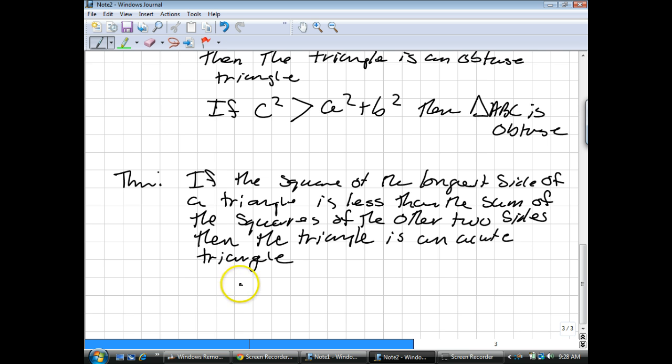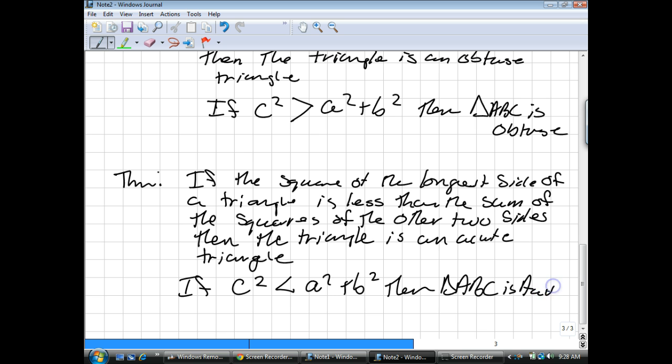So in other words, if c squared is less than a squared plus b squared, then triangle ABC is acute.